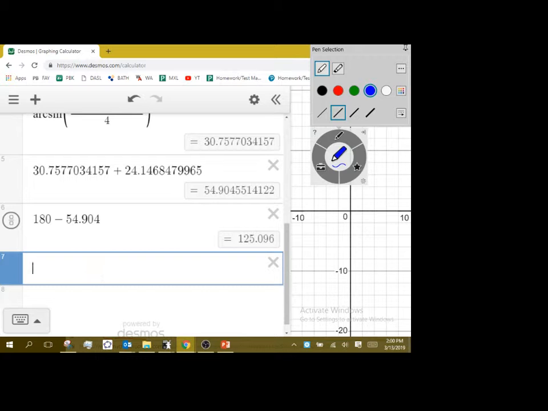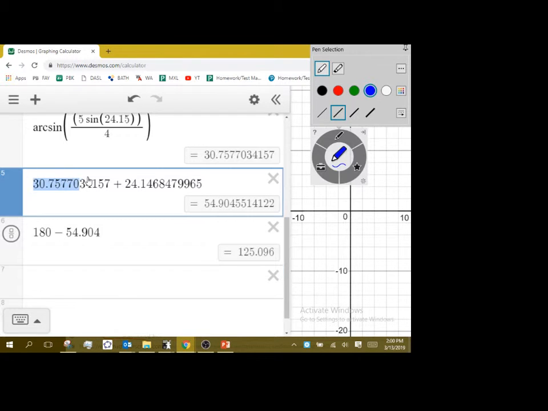So those are my three angles: 30.7577, 24.148, and 125.096. And the idea is, obviously, when they start you off with three unknown angles, when you use the law of cosines, that is the most rigorous algebra that we have to do in this problem. And once we find that first value using the law of cosines, it opens the door to using the law of sines.